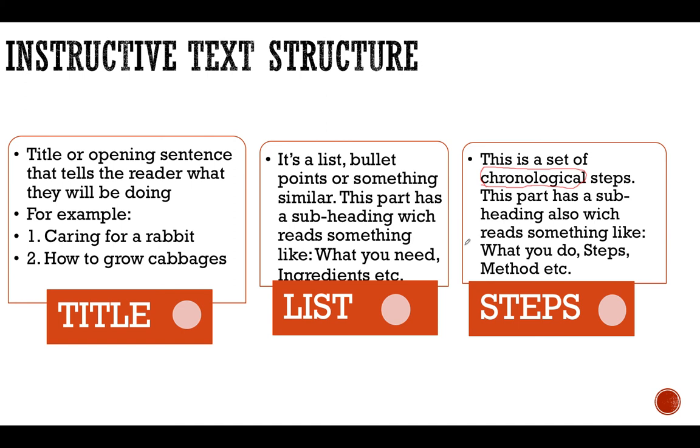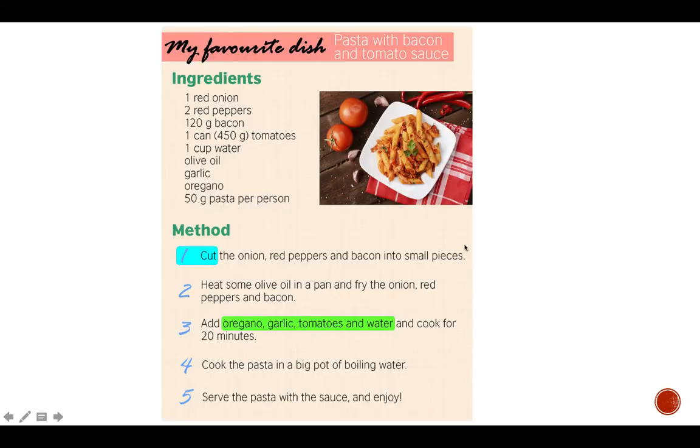We're going to analyze something for the end. We have a clear instructive text, and I'm going to read it for you. My favorite dish, pasta with bacon and tomato sauce. The title. This is an important part to know what exactly the text is. As I was telling you, the second part with a subheading, we can find right here the ingredients.